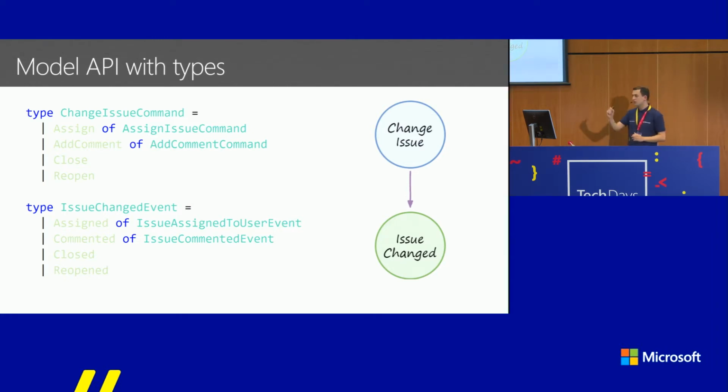You say that my command can be assign, and then it has this proper data type associated with it. If it's add comment, it will have add comment properties. And here we solved the close and reopen command issue that we didn't have any data associated with it. So we don't have to define a special type for it. We just say it's a case in change issue command.